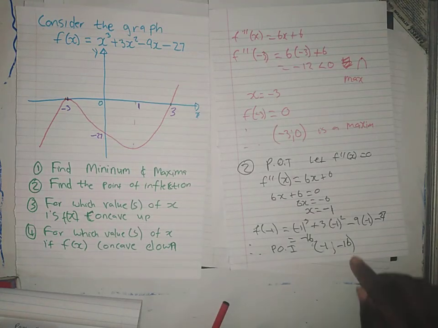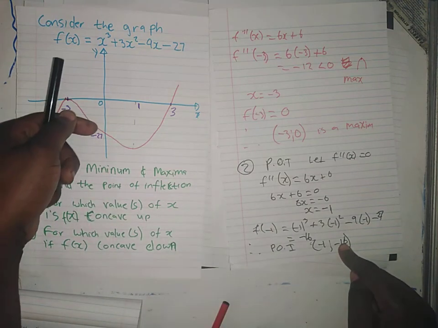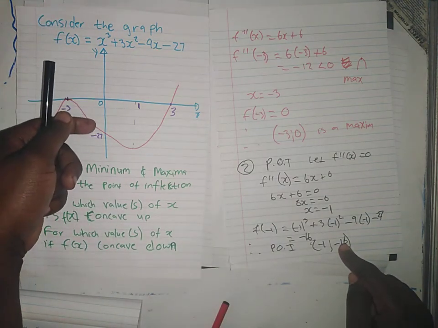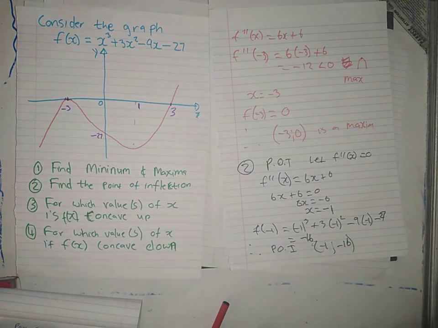Because if our point of inflection had a positive number, there was no way, since we know the definition of point of inflection, that the point of inflection is where the graph changes. What is where the graph changes? Concavity. Okay, so we have got things in the right place.